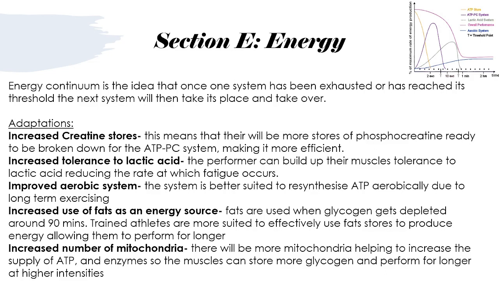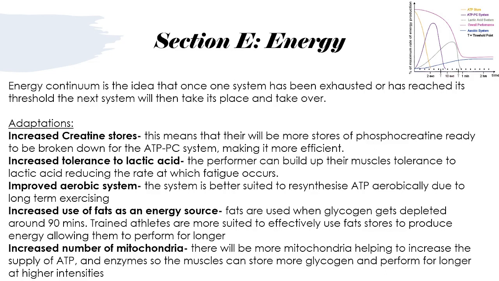Adaptations. There are 5 adaptations that you need to know about. You've got increased creatine, meaning that if there are more stores of phosphocreatine, then the ATP system can work more effectively, at a quicker rate all the time.